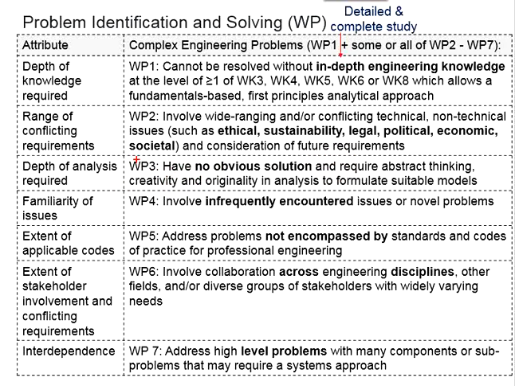Now it comes back to how you interpret the statement here. My personal interpretation is that you need both components to be available. You need no obvious solutions, which is compulsory, and you will need this: require abstract thinking, creativity, and originality in analysis. You can group these three together, or you can separate them.